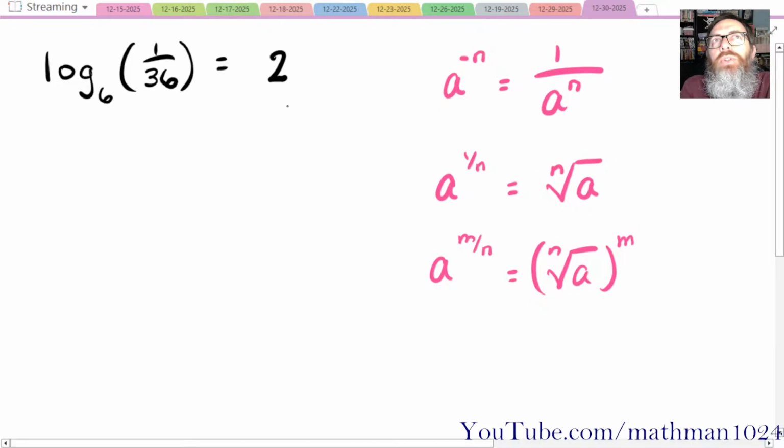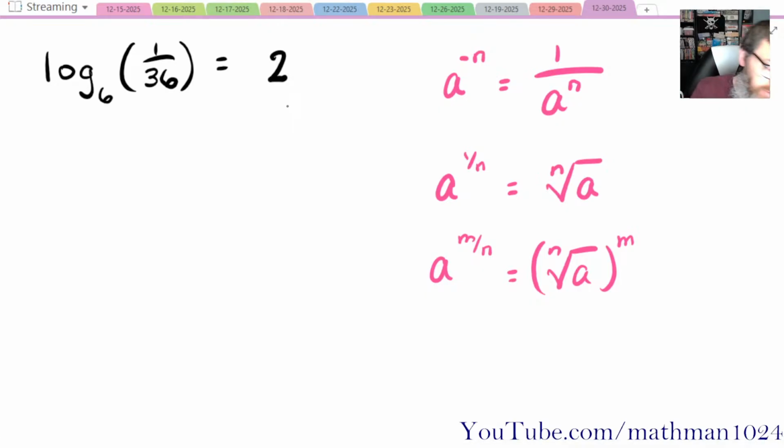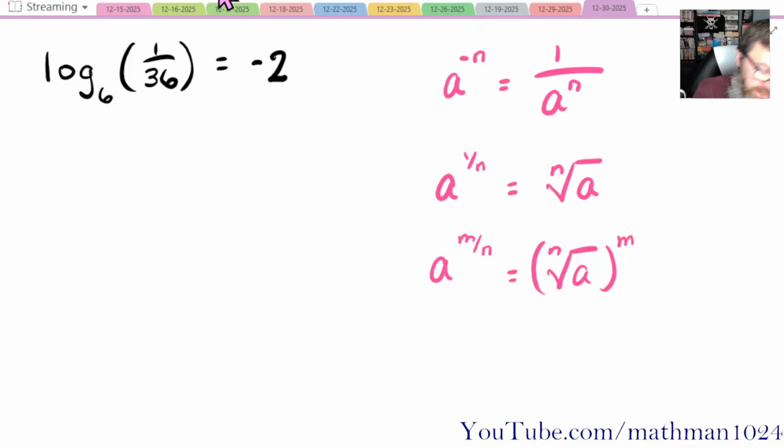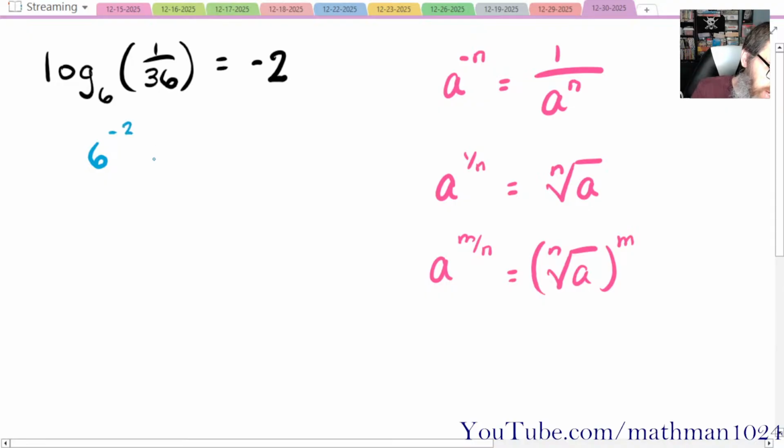But what kind of power would you have that turns the 36 upside down? Well, that would be having a negative power like that. So just to check this and verify what we're talking about, I am claiming that 6 to the negative second is 1 over 36.